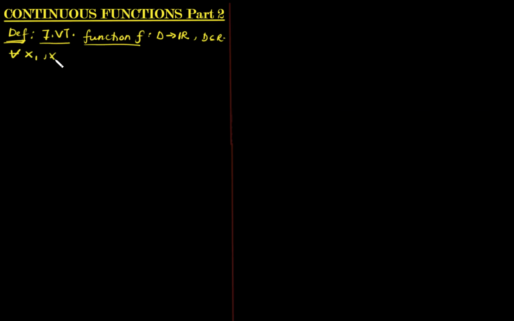x1 and x2 in the domain. So we pick 2 points where, without loss of generality, x1 is less than x2, and let's say there is a real constant.